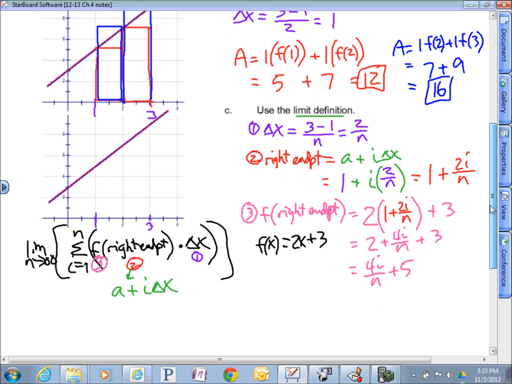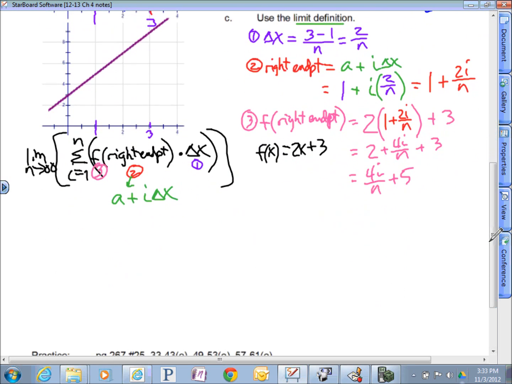What's the fourth step? The fourth step is now let's take care of sigma. So step 4, our friend sigma. Sigma i equals 1 to n of f of the right endpoint times change in x.